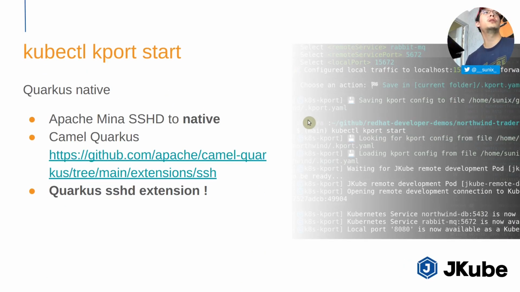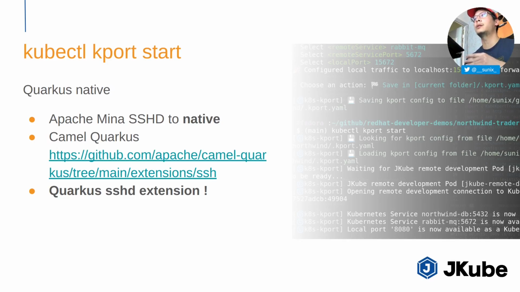So kubectl kport start was working very fine from the very beginning, but in Java mode. But the kubectl plugin should also work if the user doesn't have Java installed, and Quarkus native mode should help us solve that problem.